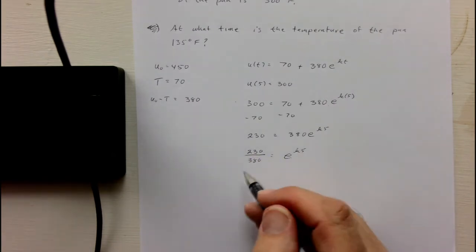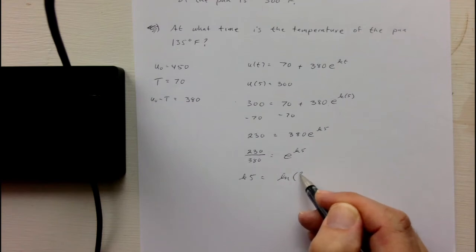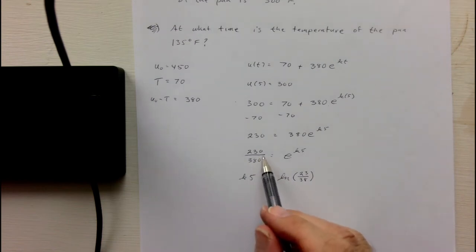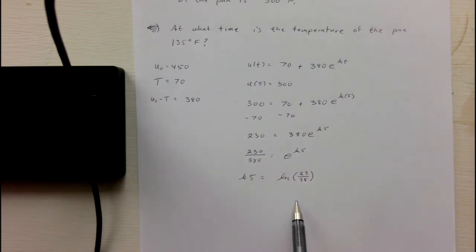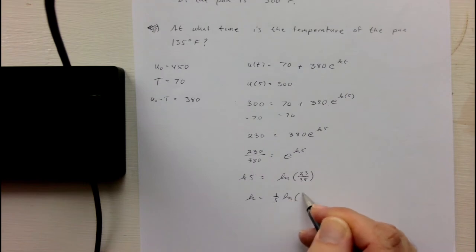So 5k is equal to the natural log of 230 over 380. This fraction simplifies to 23 over 38. So 5k is this logarithm, so k is 1/5 times the natural log of 23 over 38.